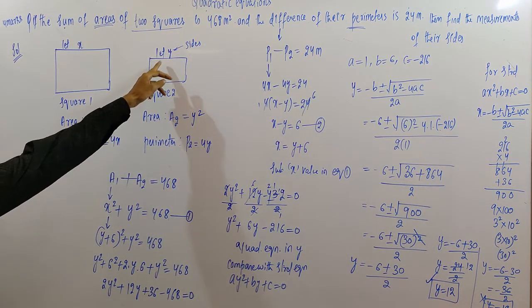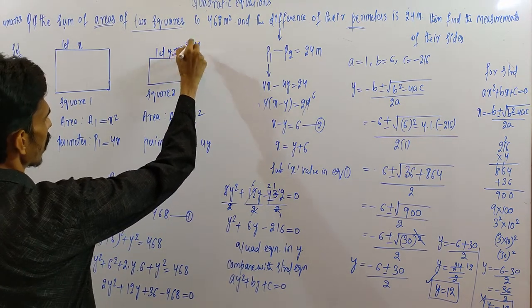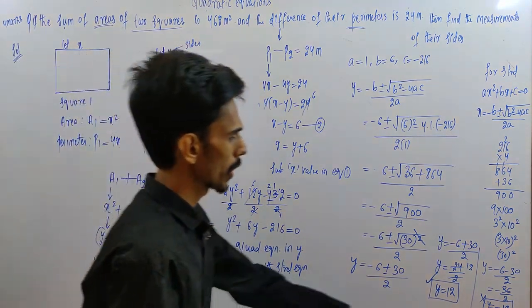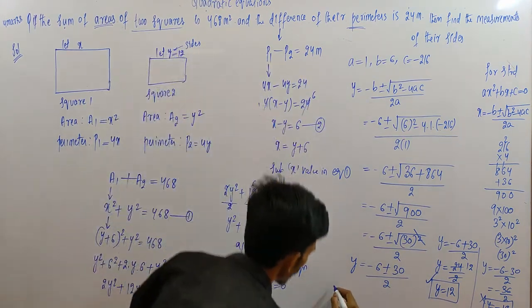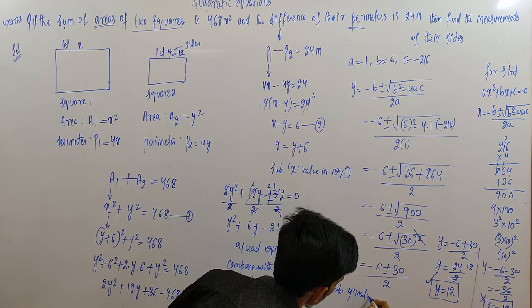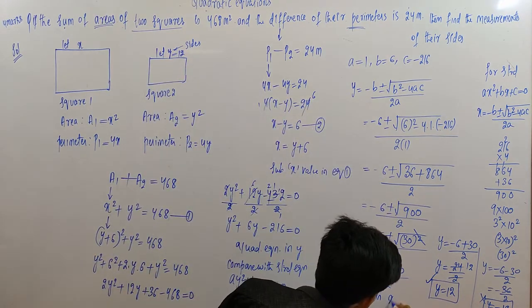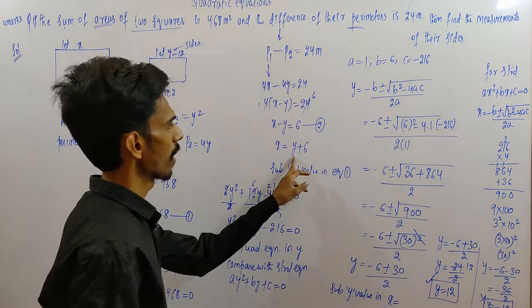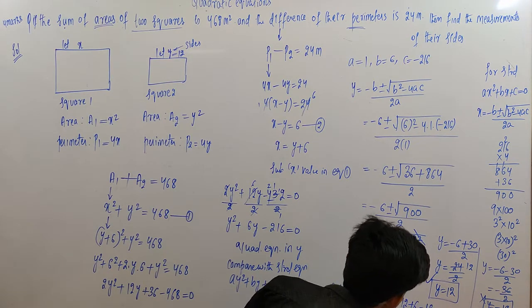Now we got the side of this square as 12. Substitute this y value in equation 2. We have x is equal to y plus 6, y is 12, 12 plus 6, we have 18.